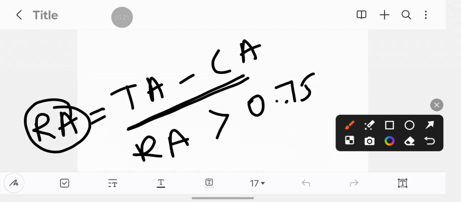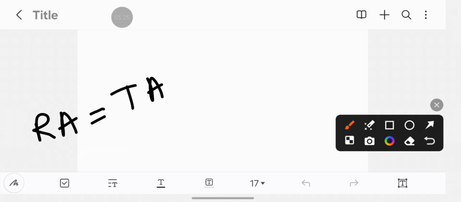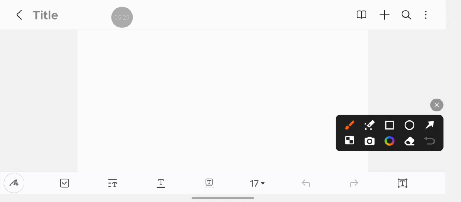But if it is more than 0.75, that is a significant cylindrical value, so you need a toric soft contact lens design to give the patient more satisfied visual acuity. This is how it is done.